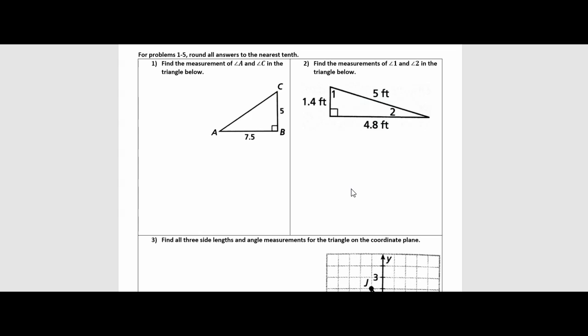But for the first one, you'll definitely have to use trig. It is up to you which angle you find first. It is up to you which trig ratio to use, because there are multiple ways of solving these problems. Pause the video, take a few minutes, attempt number 1. See if you can find those angle measurements, come back, watch the explanation, and see if your way was correct.